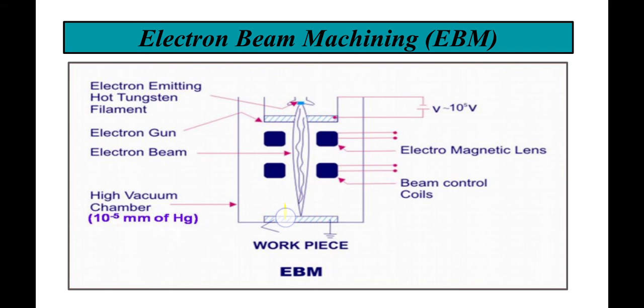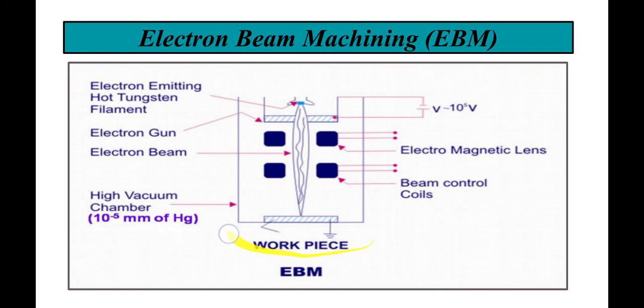But the condition is that this machining chamber should have a vacuum. If air is there, then the molecules of the air will collide with the electrons, and they will lose that energy, and you will not get a very fine cut on the workpiece.